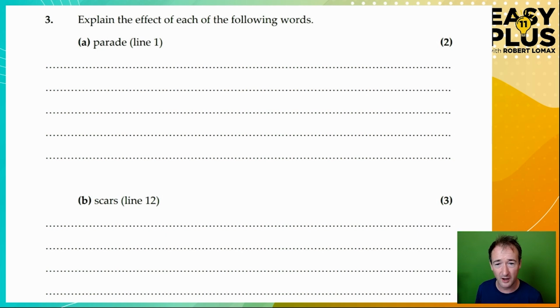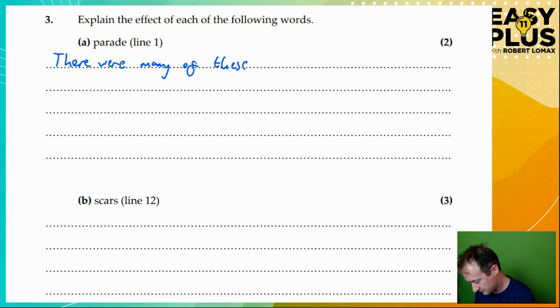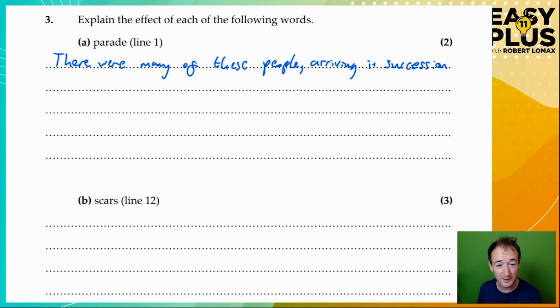First of all, that there are many of them. Okay, so that's our first point, and that's definitely going to be worth some credit. Now the next thing we mentioned is that they came in sequence. Arriving in succession.